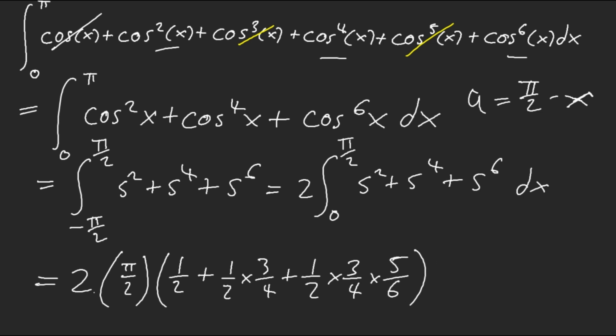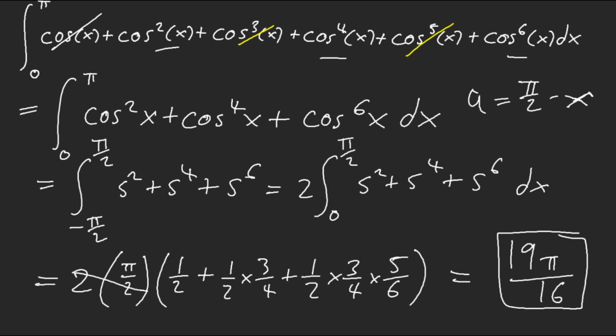Right, if you do all the arithmetic, you should end up with 19 pi over 16. Okay? So again, I used periodicity to cancel out the odd numbered cosines, and then for the squares, instead of using periodicity again, I could just go straight into Wallis's trick.